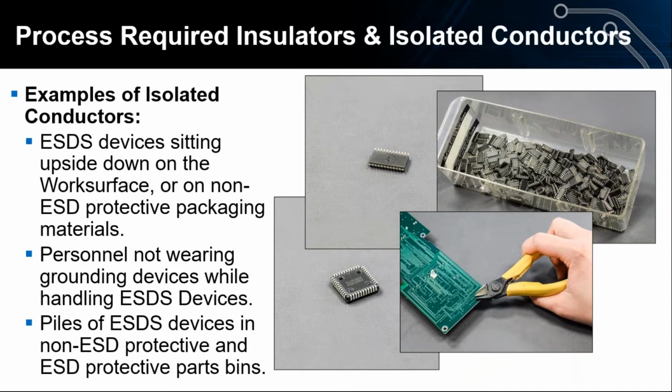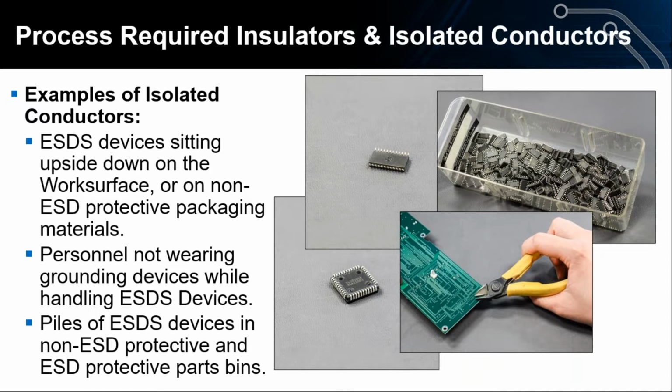So proper grounding takes care of a lot of it, but if that's not possible, then you need to consider ionization. So some examples are ESD sensitive devices sitting upside down on the work surface where the leads are exposed and not grounded. People not wearing grounding devices while they're handling devices.